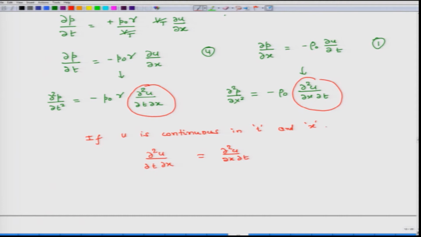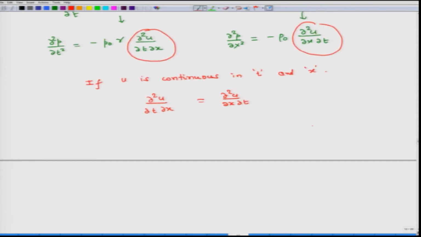We make this assumption that u and its first derivatives are continuous in time and x, so these terms can be eliminated.